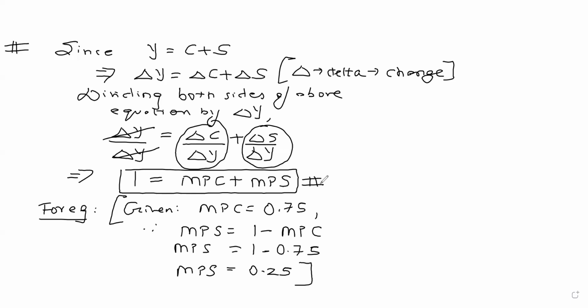Okay, so I hope all students are clear till here. Then I can also derive something called average propensity to consume and average propensity to save. If I erase all this off, I can also write that we know income is either consumed or saved.